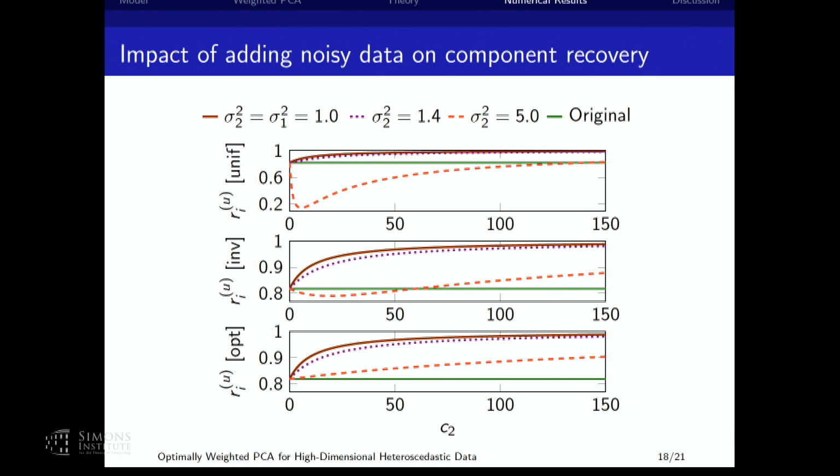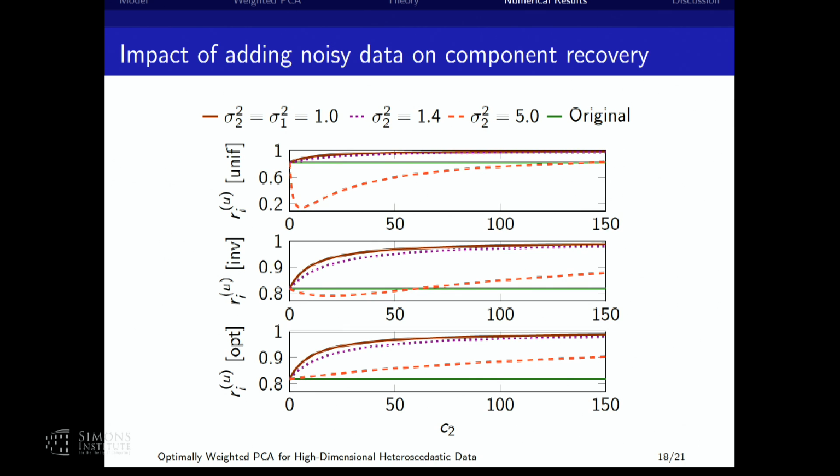That's the goal. And on this top plot, I see uniform, inverse noise variance, and optimal weight. So this is unweighted PCA, inverse noise variance, and the optimal that we showed. We can look first when the noisier data has the same noise variance. We see in all cases it's this brown line, and as we get more data, our recovery improves.